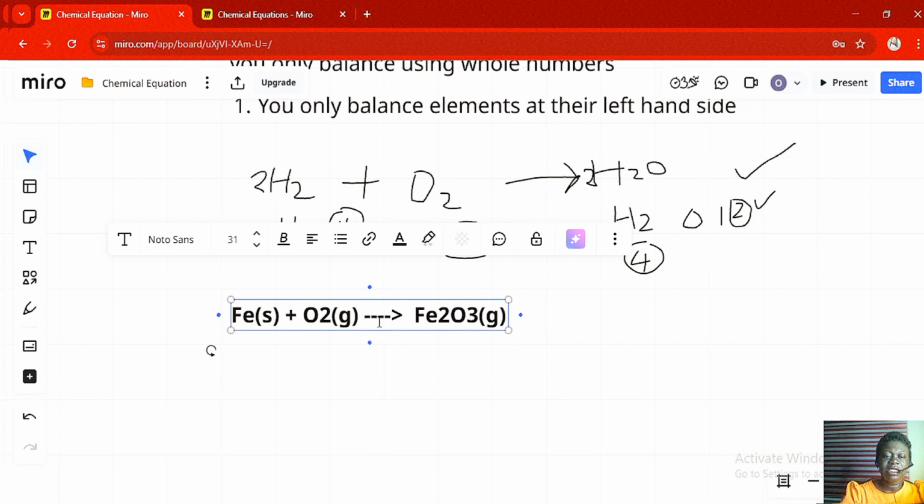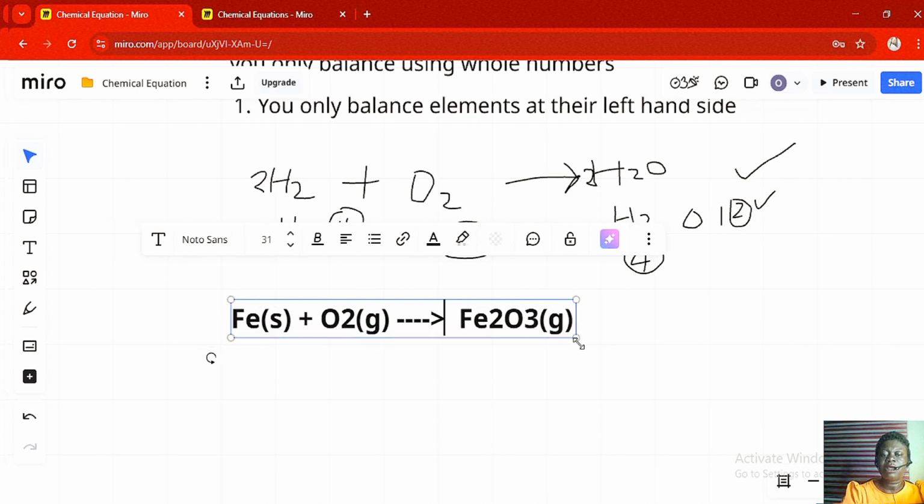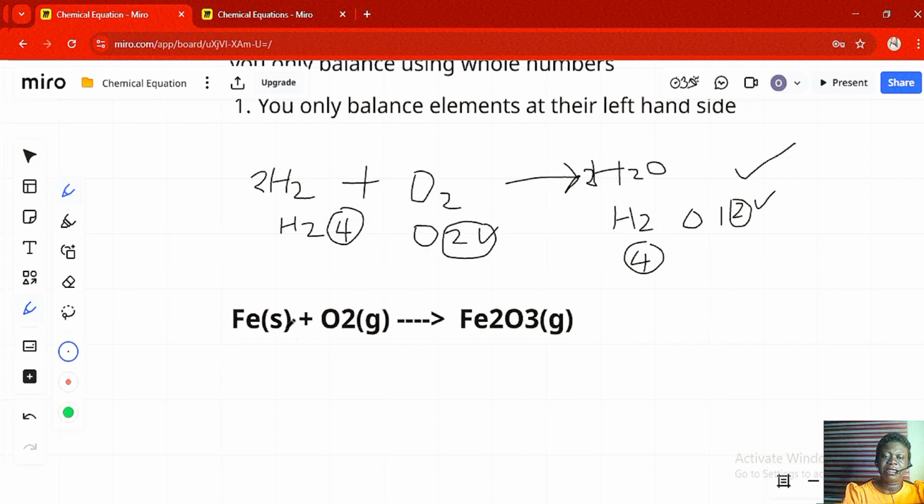I got this particular question from an IGCSE past question. There is something I forgot to mention. In a chemical equation, we always write symbols like the ones you're seeing here. It is only telling you the states.